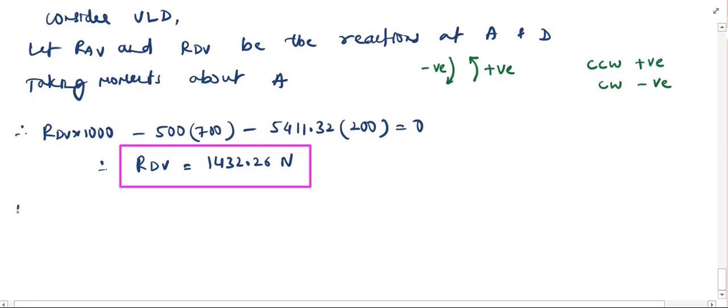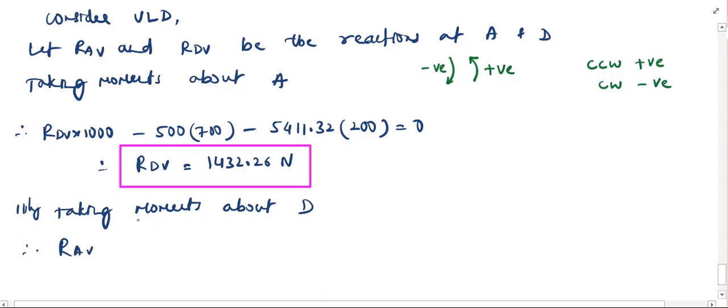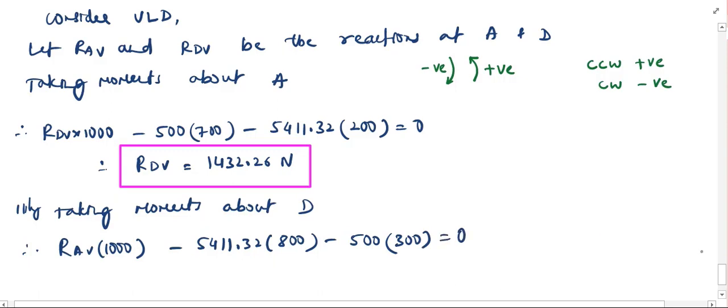Now similarly, taking moments about D, that is therefore RAV into 1000 minus 5411.32 into 800 minus 500 into 300 is equal to 0.